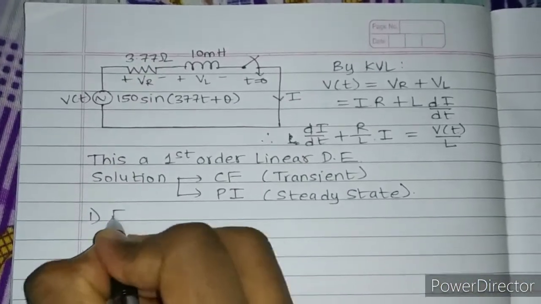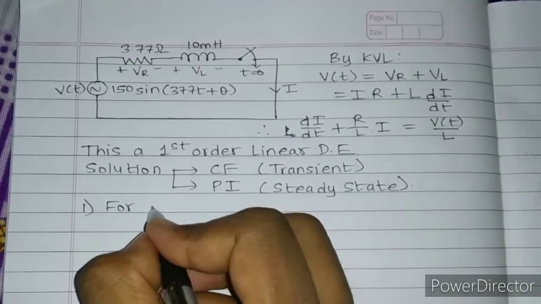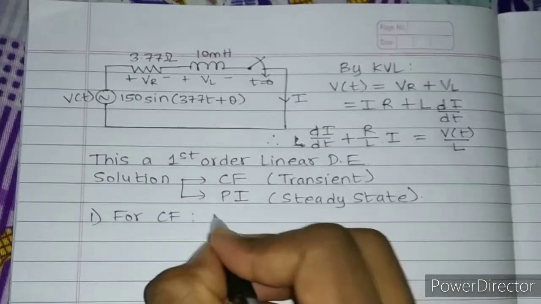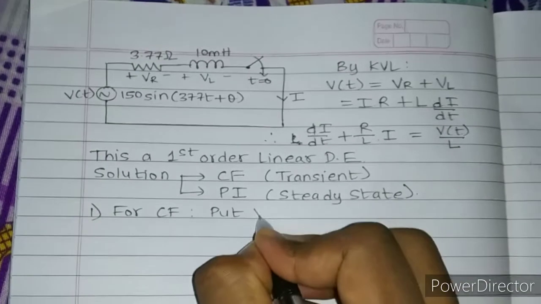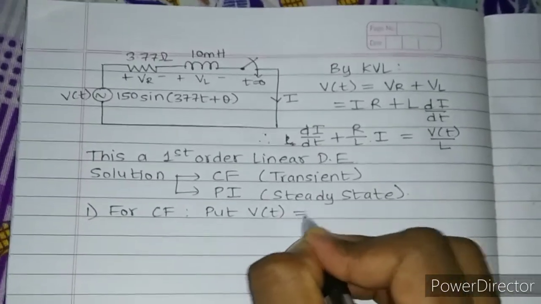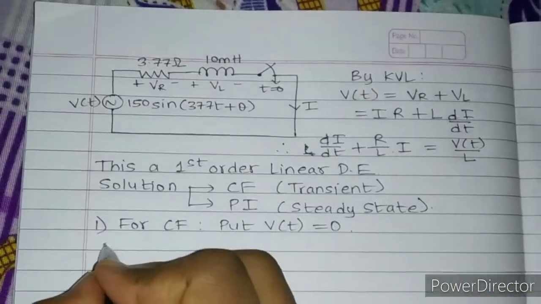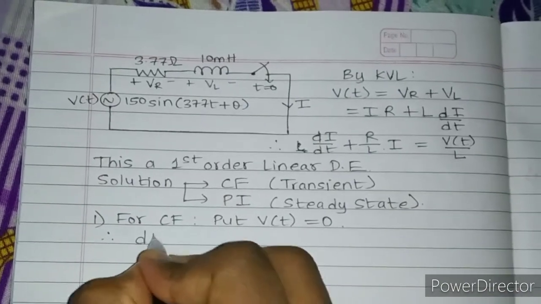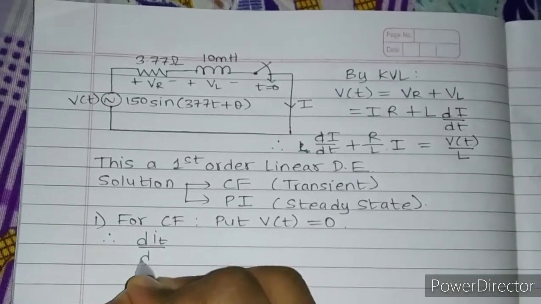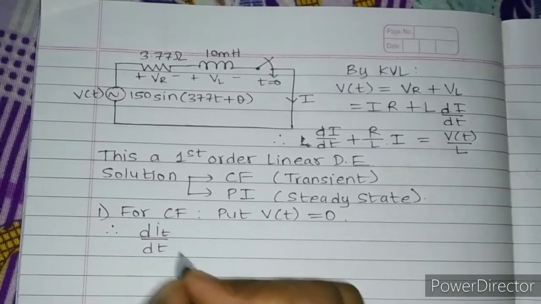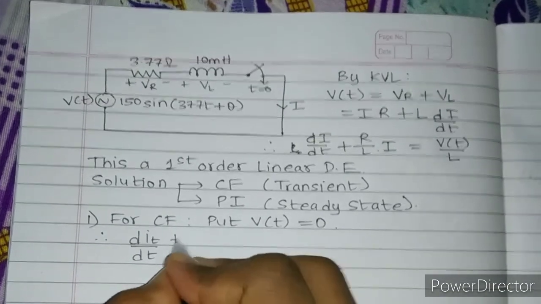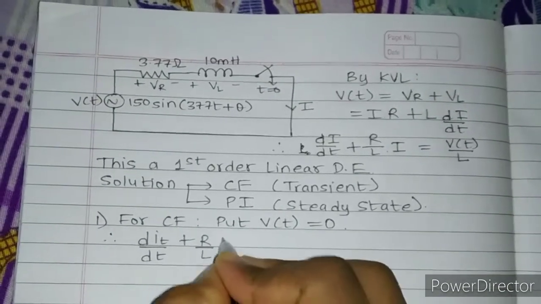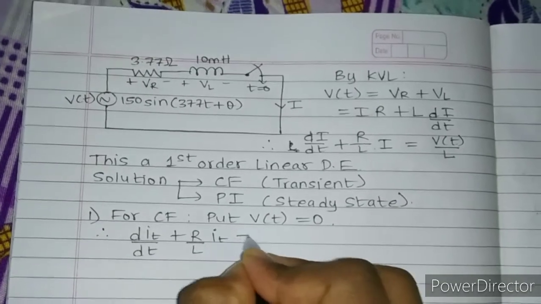First of all, for complementary function, put V of t is equal to 0 and let the current in this case be IT. So dIT upon dt, where IT is the transient current, plus R by L IT is equal to 0.